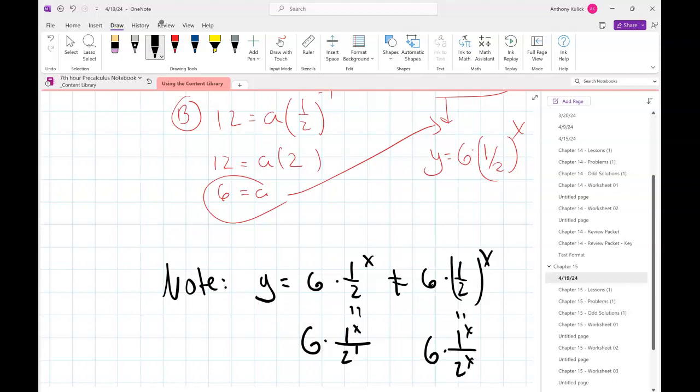So really important, when you have a fraction as the base of your exponential, that you put a parenthesis around it. Everybody cool? Yes or no? You see why it needs to be there, how if I don't put it there, it means something different. We got to make sure we're being clear.